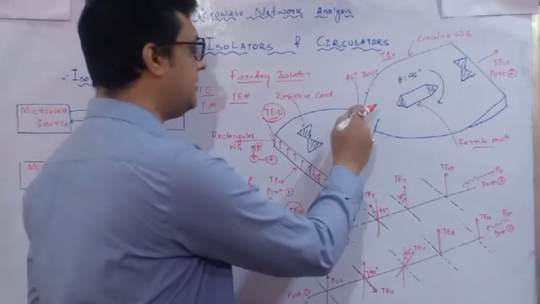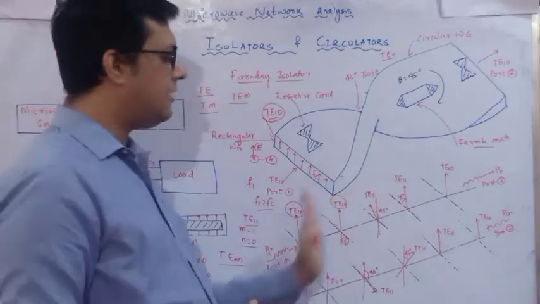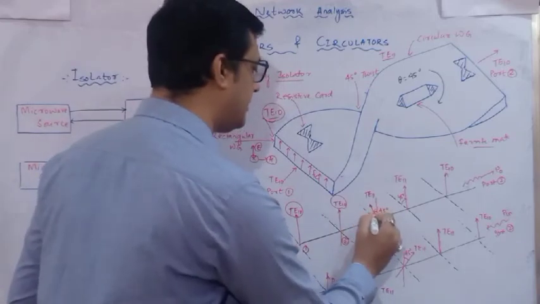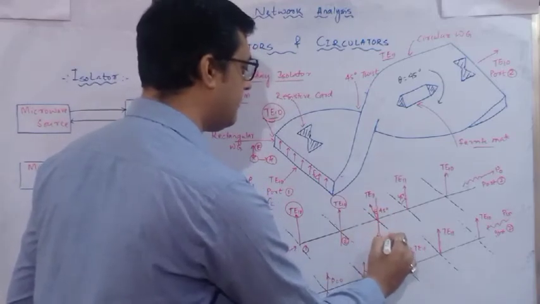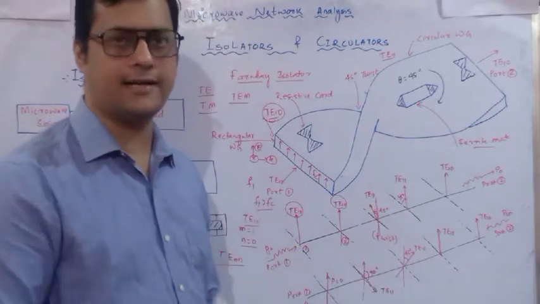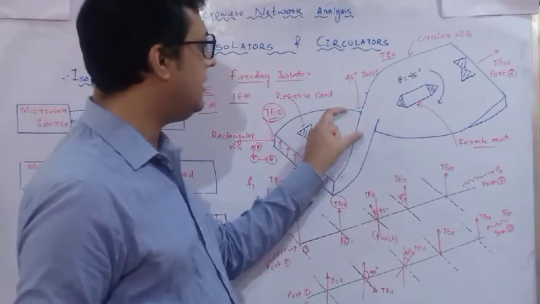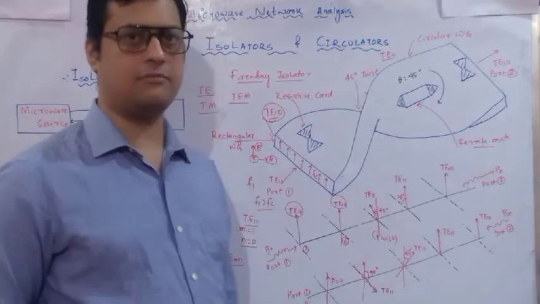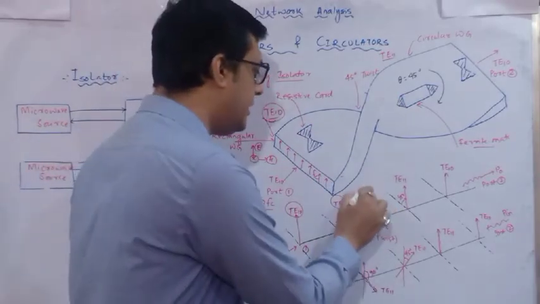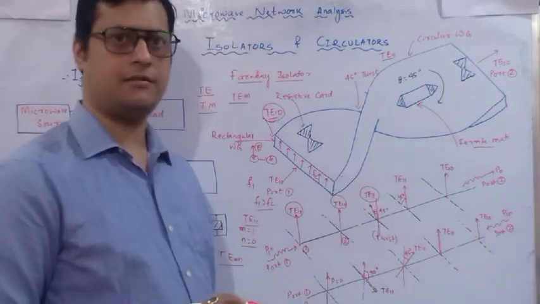Due to the presence of this twist, it will tilt towards 45 degrees. So this rotation is due to the twist, and the twist is a cylindrical system. Cylindrical system means which mode will come? The mode is TE11.